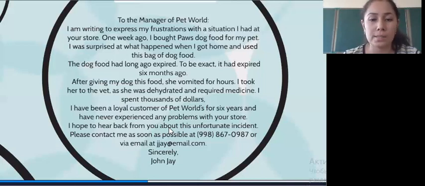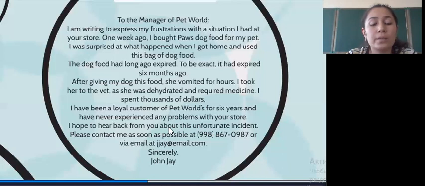You should write this in order not to be more pessimistic, to show your optimistic features. And the next: I hope to hear back from you about this unfortunate incident. So these are the steps, of course, and the next step we should show in our letter.